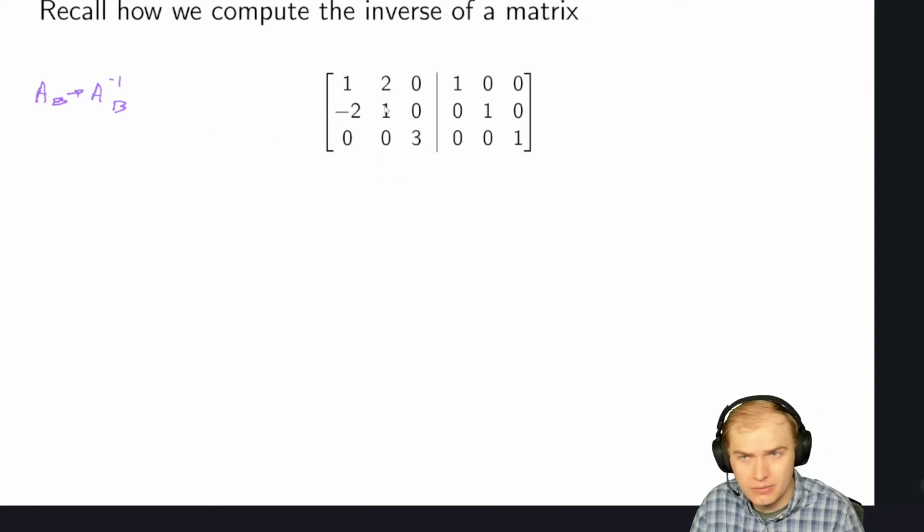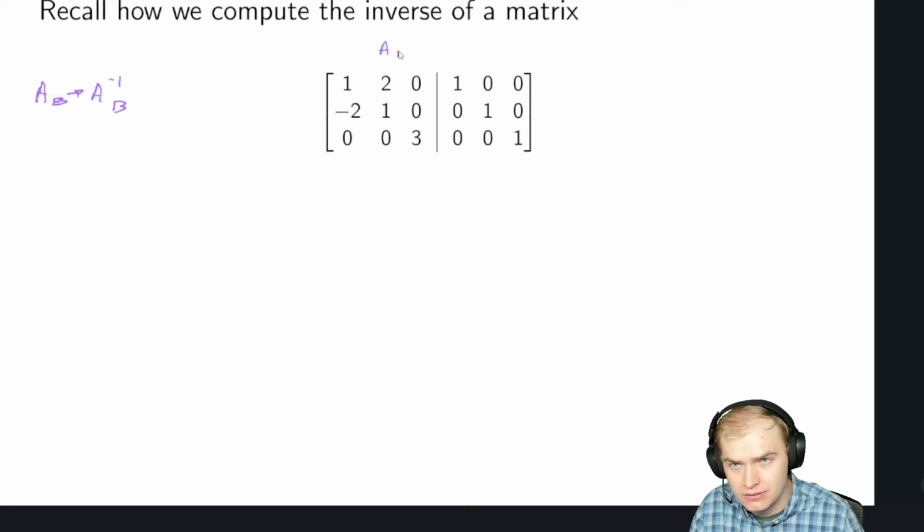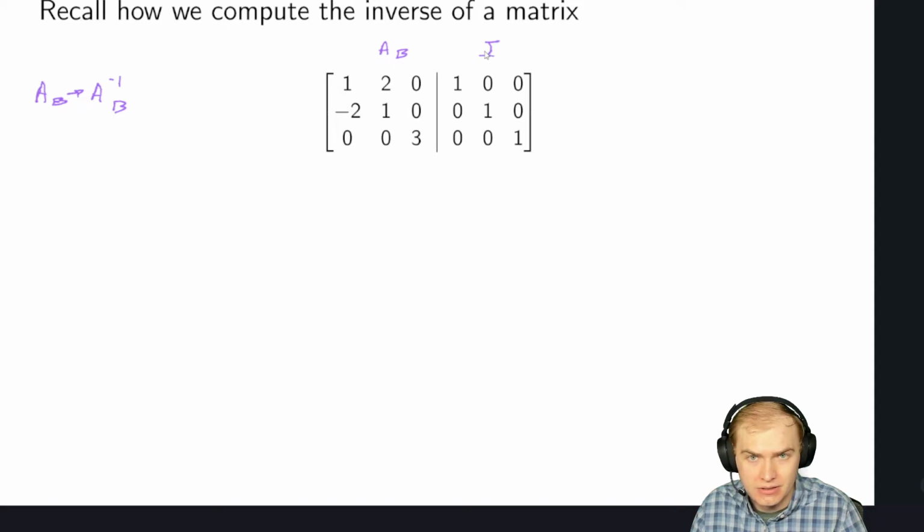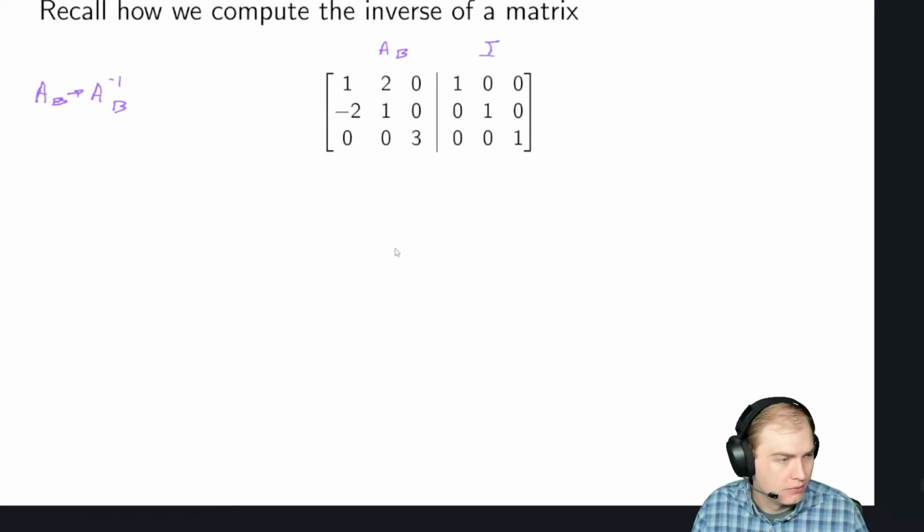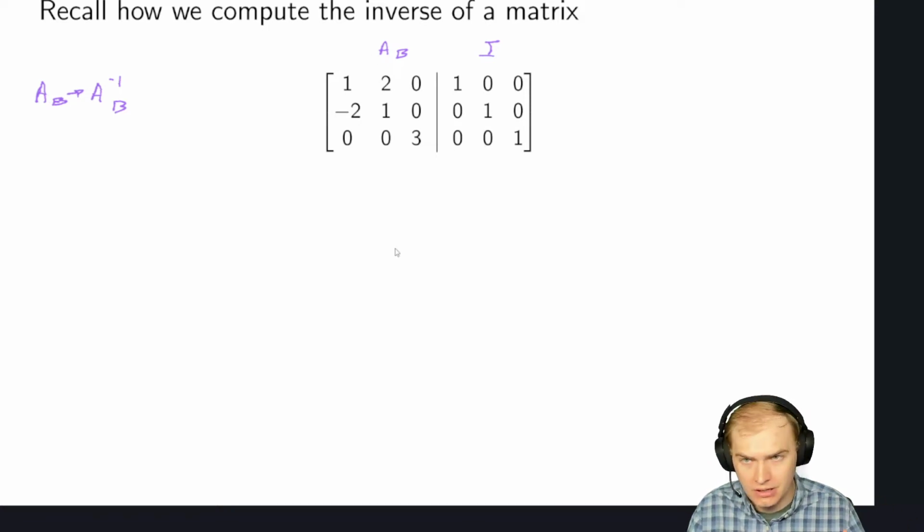So we set up a matrix like this. This side is AB, and then we augment it with an identity matrix. We perform Gaussian elimination row reduction on the AB matrix, and all of those same row operations are applied to the identity matrix.